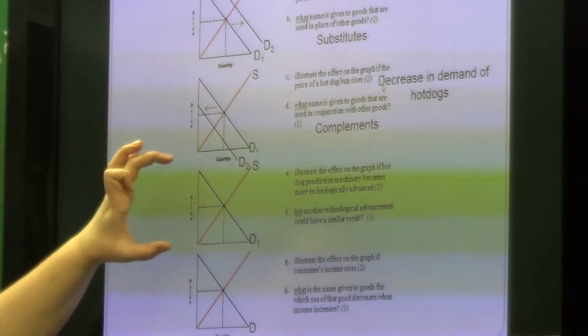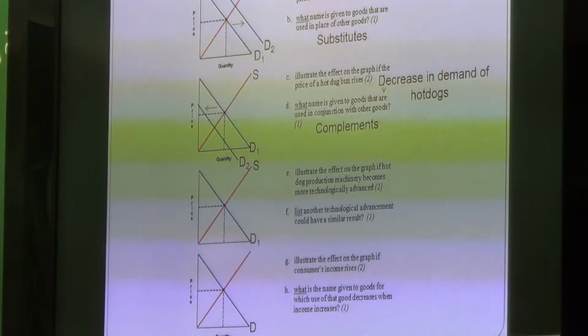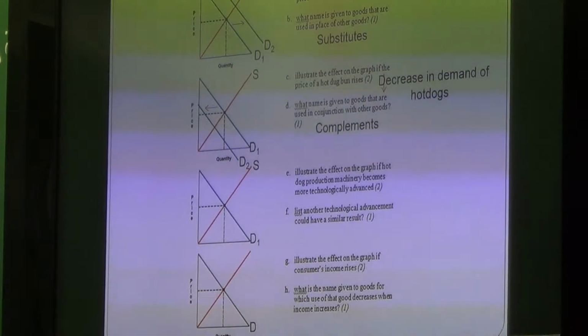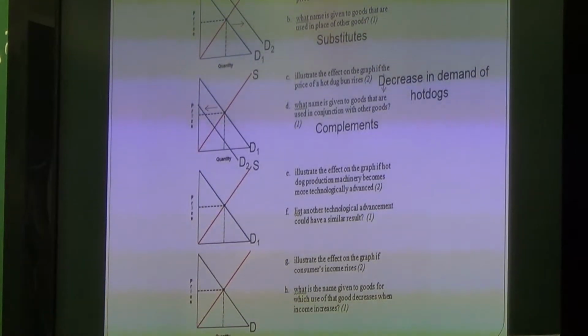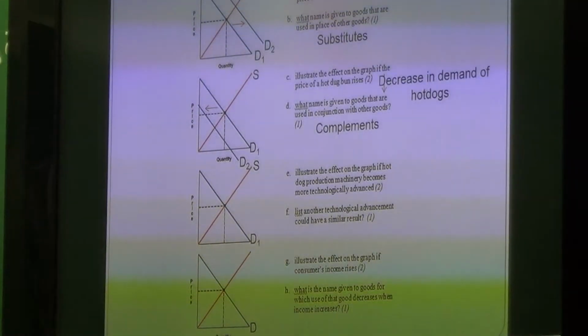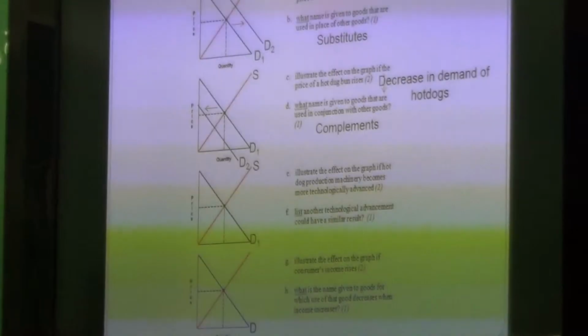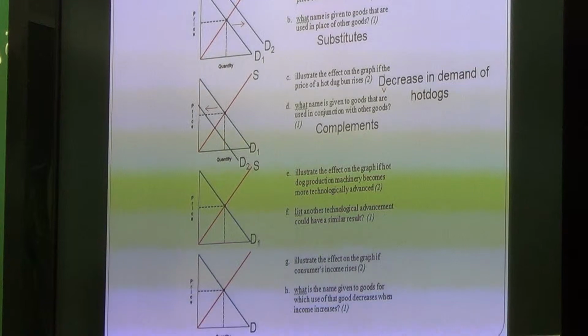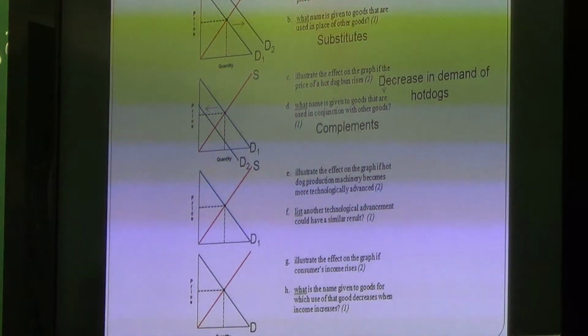And then in this graph, illustrate the effect on the graph if hot dog production machinery becomes more technologically advanced. So if we're thinking about the machinery, did you have a question or you want to answer? Yeah. So if we're looking at the machinery, are we thinking about the suppliers or the demanders? Suppliers, okay, so what were you gonna say? I would say the supply would increase.